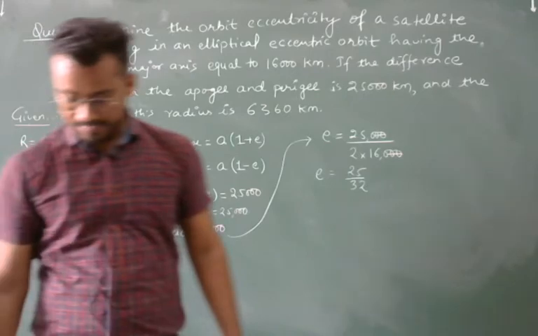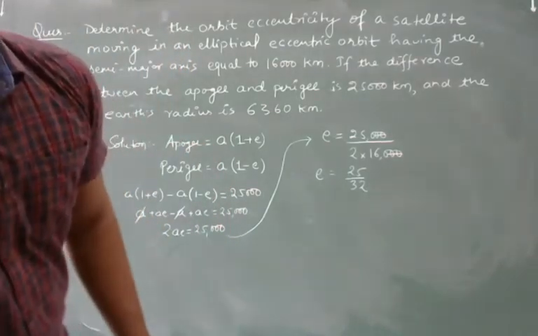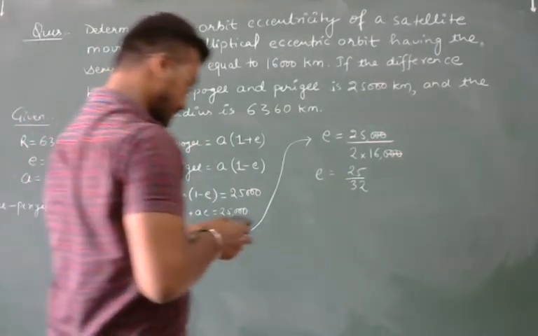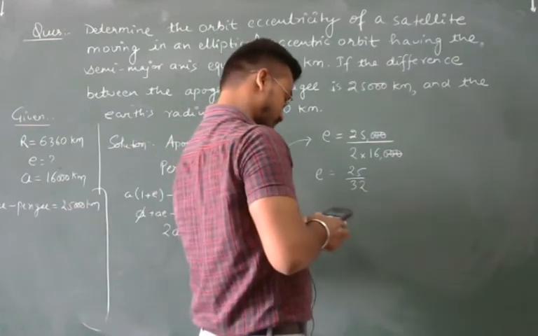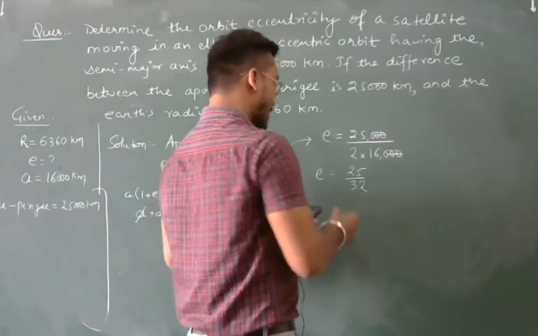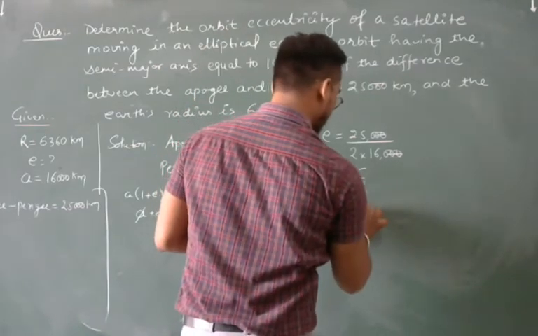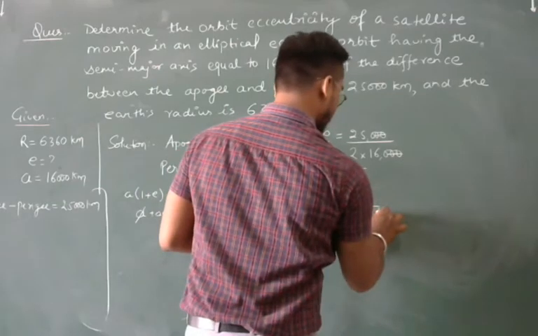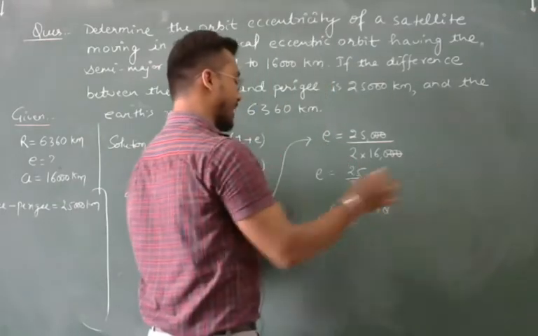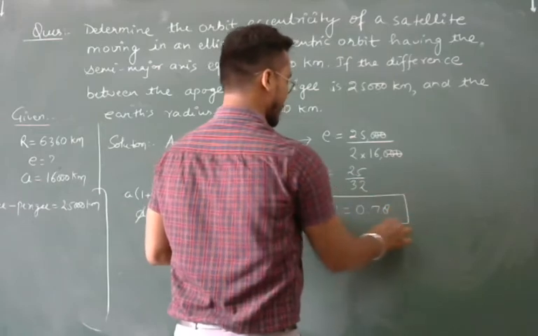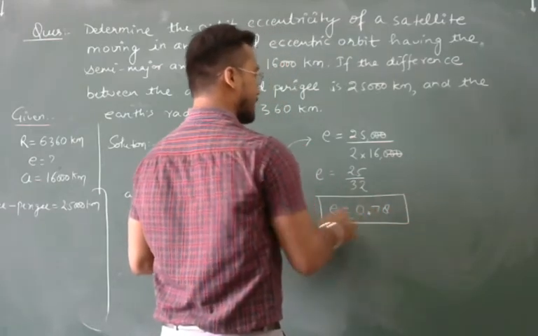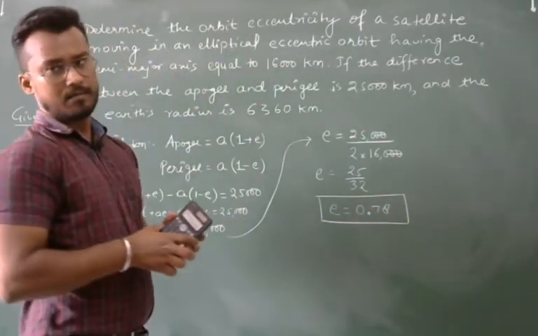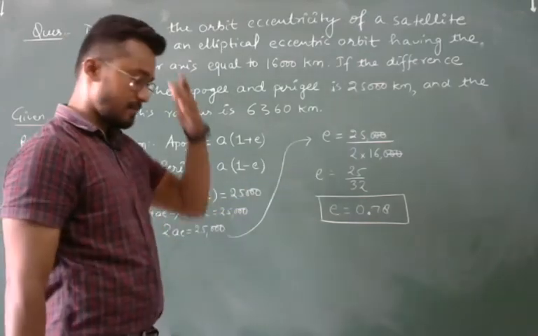Let me use the calculator. 25 divided by 32, and we have the value E equal to 0.78125. Need not write all of it; up to 2 decimal places is acceptable.